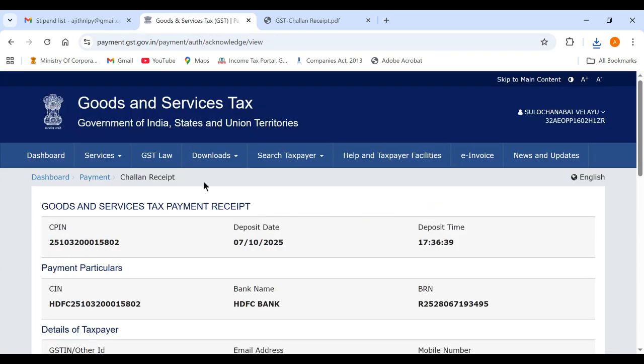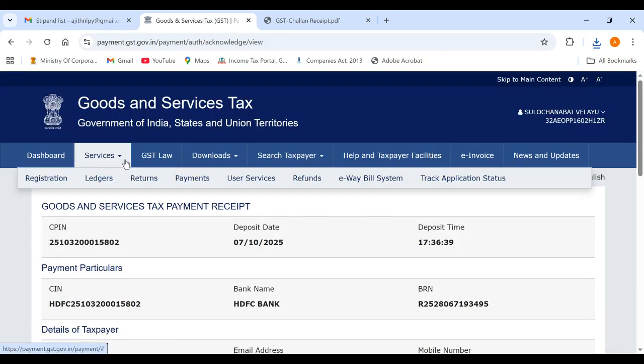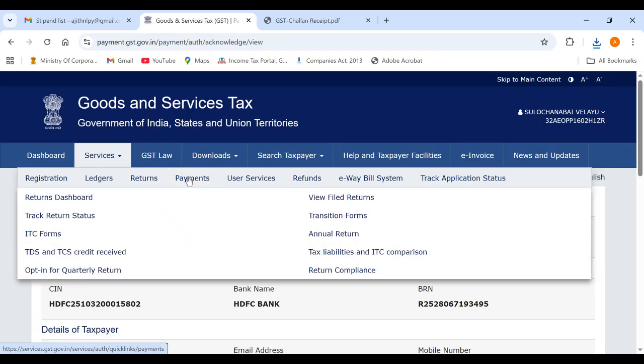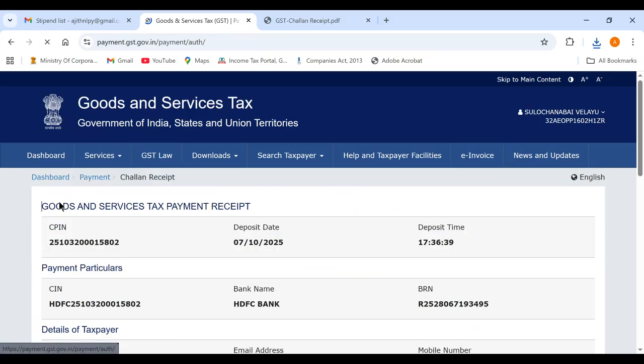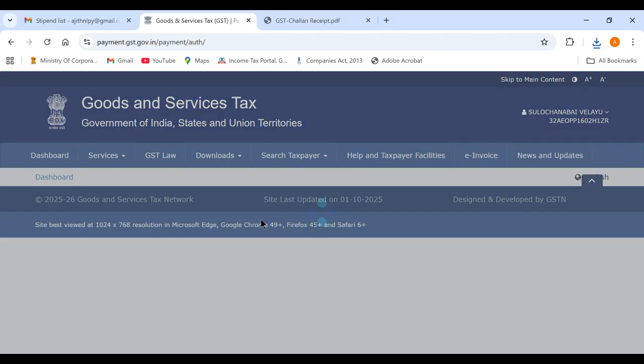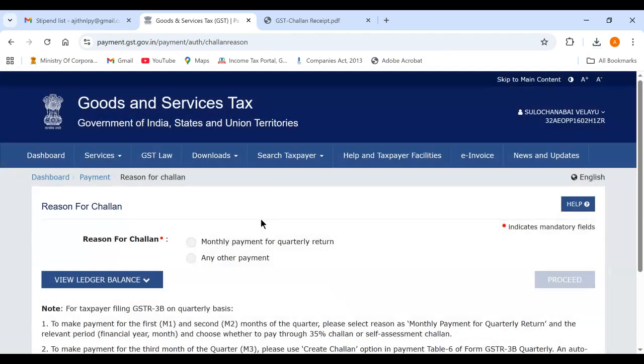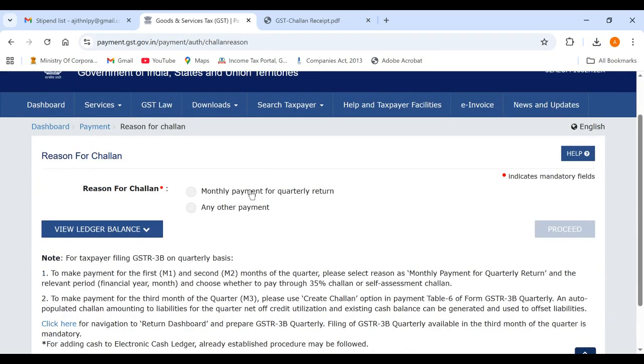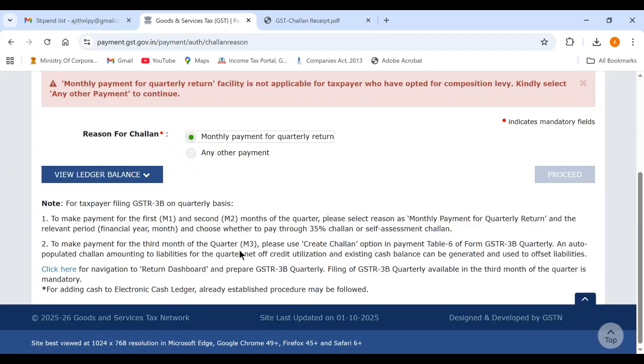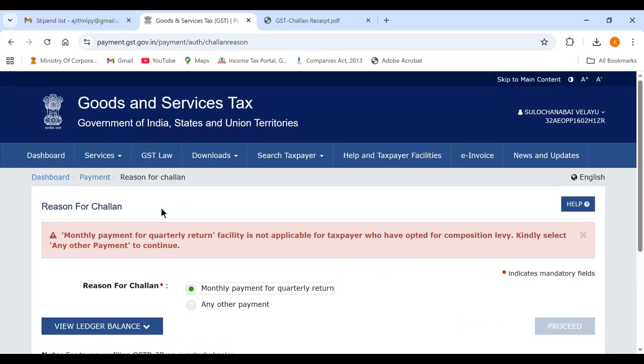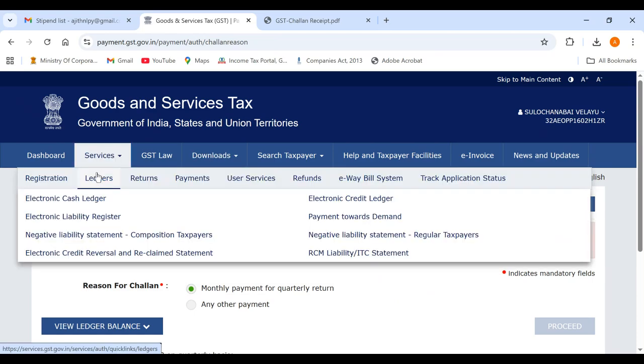You would be required to make the payments through this create challan option. You can create the challan and make the payment through your net banking facilities, etc.